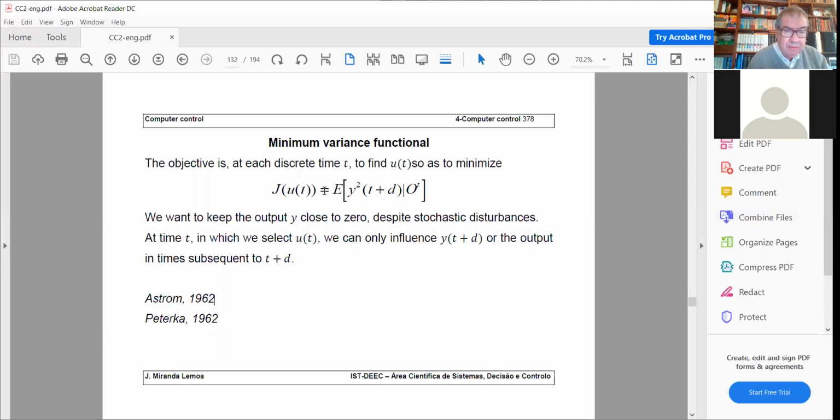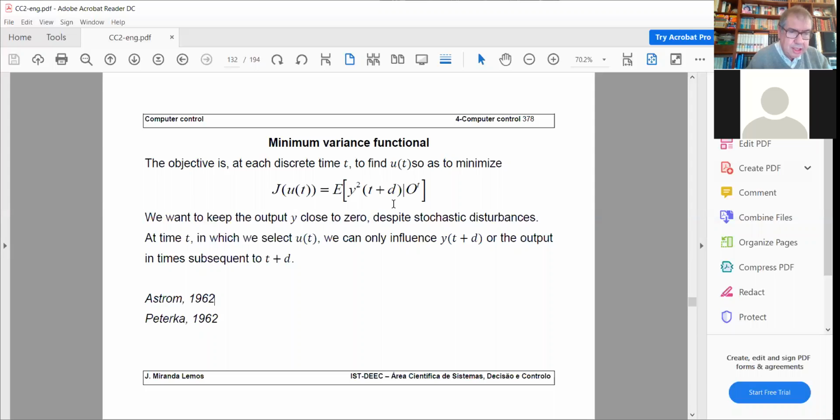So I could have replaced this functional by something with a time bigger than the delay of the system. Okay, but I'm assuming that I will try to drive the output of the system to a value as close to 0 as possible in the least possible interval of time.